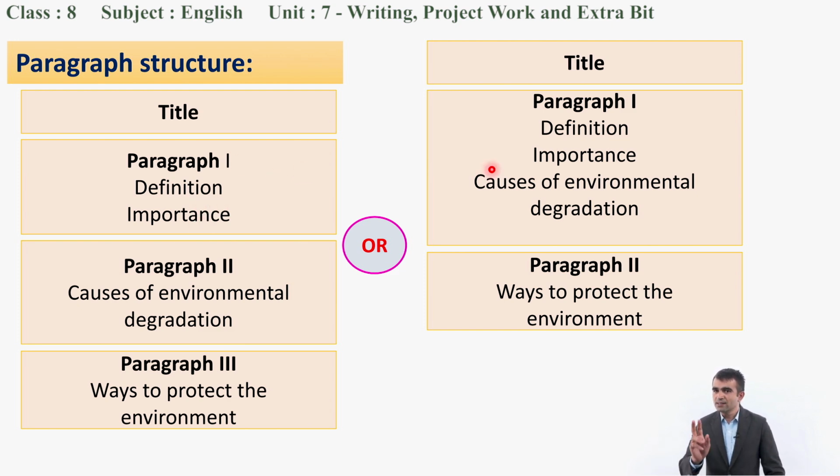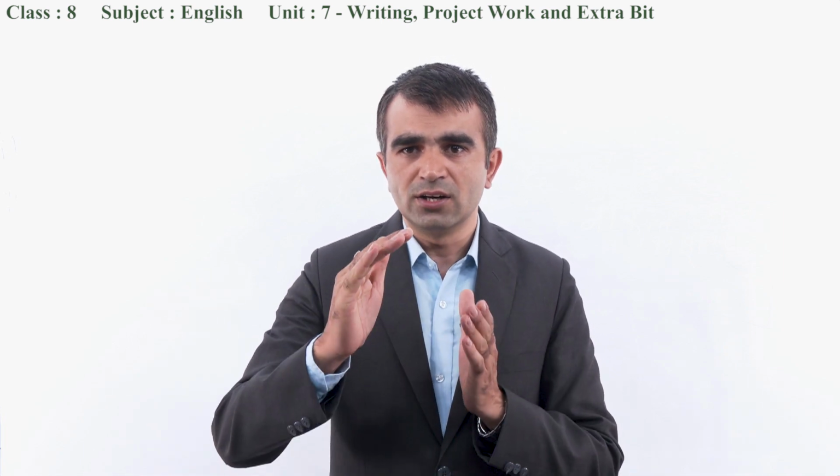And if you write only 2 paragraphs, as suggested in the question, you can include a short definition, a few points of importance, and causes of environmental degradation in 1 paragraph, and then ways to protect the environment in the next paragraph. Ways to protect the environment can be more, so you can write in a separate paragraph, so that you can organize in 2 paragraphs. Can you do it? Good. Okay, great.